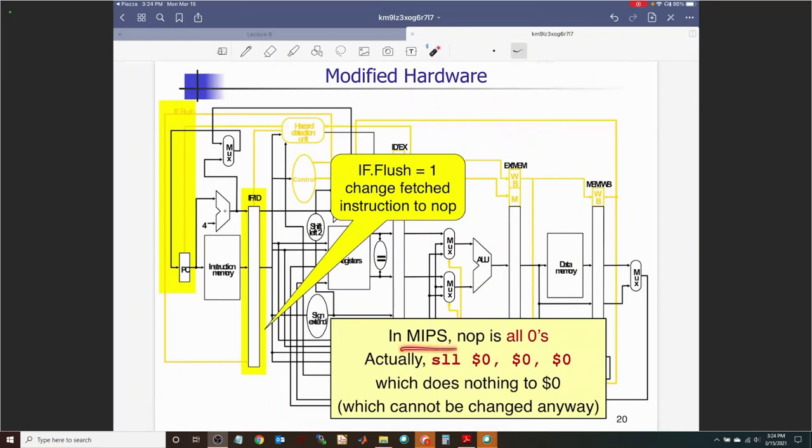And in MIPS, no operation is an instruction which has 32 zeros. It is actually the shift logical left $0, $0, $0. So it is actually saying do nothing to your 0 register, which you couldn't write to anyway, right? So the all-zeros, 32-zero instruction is your NOP.